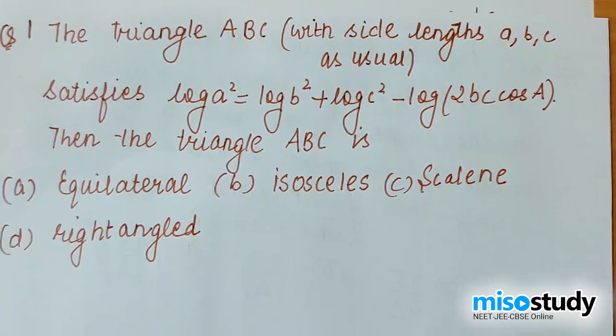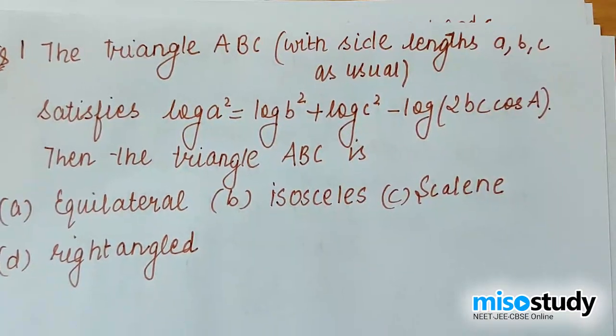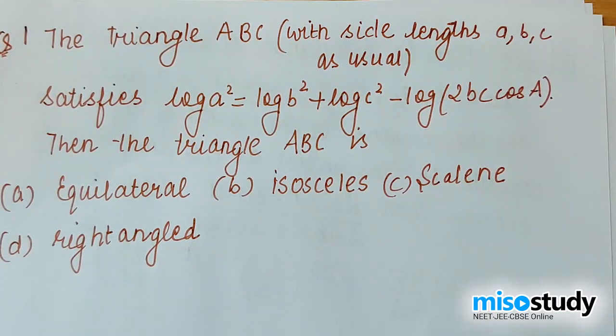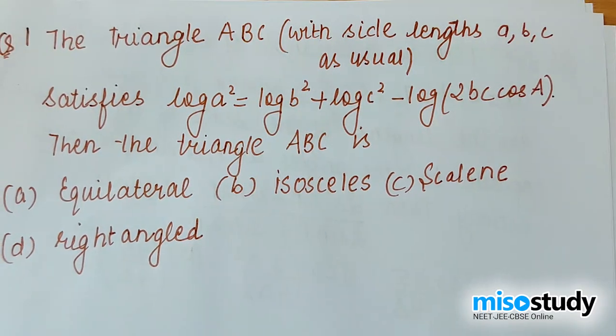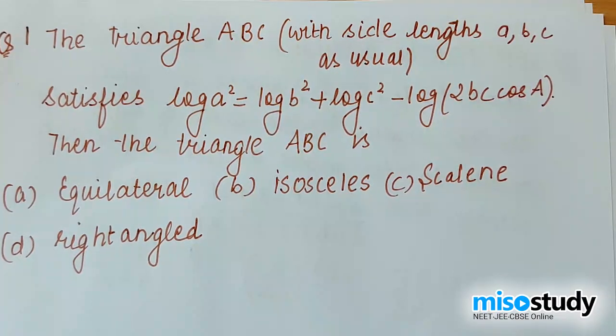So, the first question we have is, in triangle ABC with side lengths a, b, c, satisfies log a square is equal to this certain condition, then triangle ABC is, you have to tell me what kind of triangle ABC is. Is it equilateral, isosceles, scalene or right angle triangle?